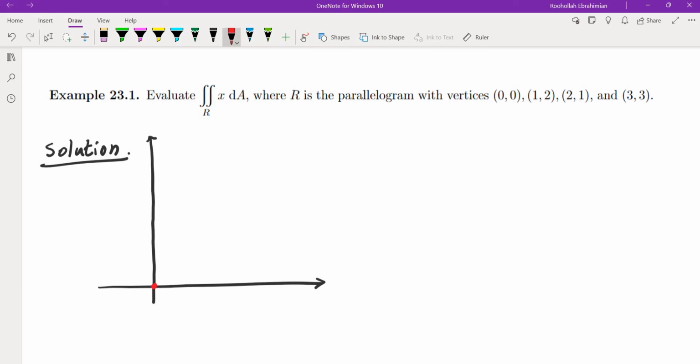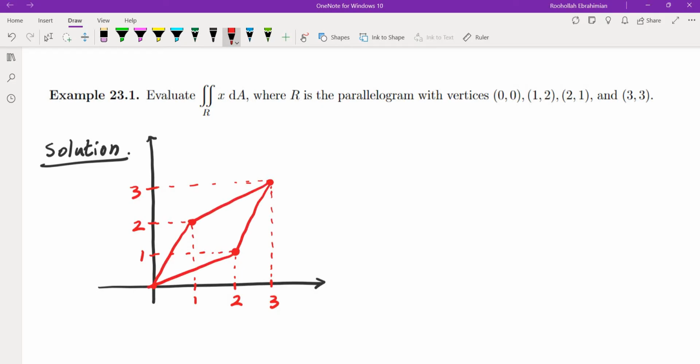I'm going to mark the two axes, 1, 2, and 3. So (1, 2) is right here, (2, 1) is right here, and (3, 3) is right here. Okay, so it's a parallelogram based on these four vertices.